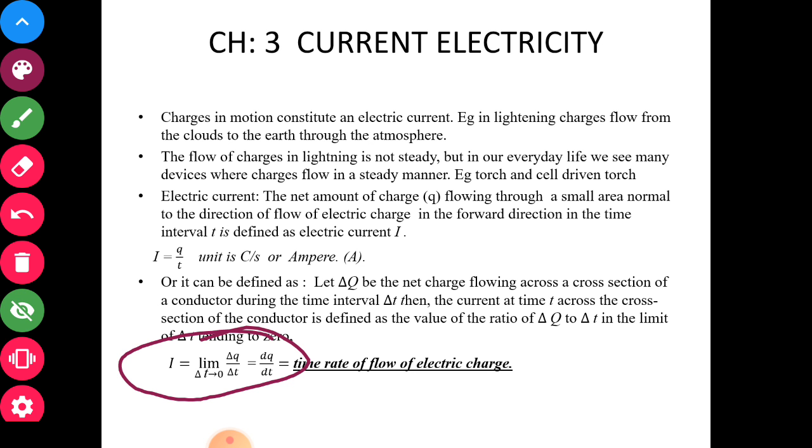When the time interval is taken very small, that is limit delta t tends to 0, then I is equal to limit delta t tends to 0 of delta Q upon delta t, which is nothing but dQ by dt. It is known as the time rate of flow of electric charge. So time rate of flow of electric charge is also defined as electric current.